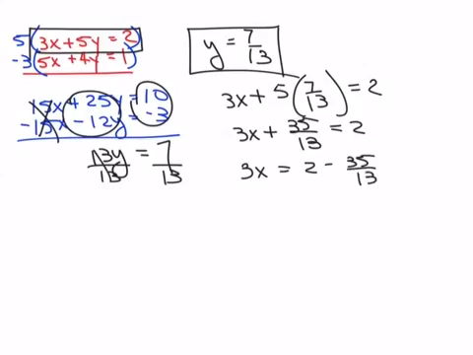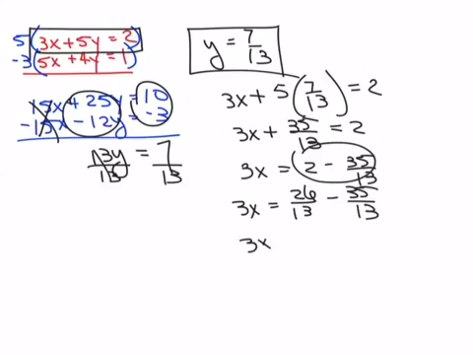And I have to find common denominators so I can actually subtract those. So I want a 13 there, so 26/13 minus 35/13, still looking at yuck. 26 minus 35 is negative 9/13. Okay, so far it's still looking pretty nasty.